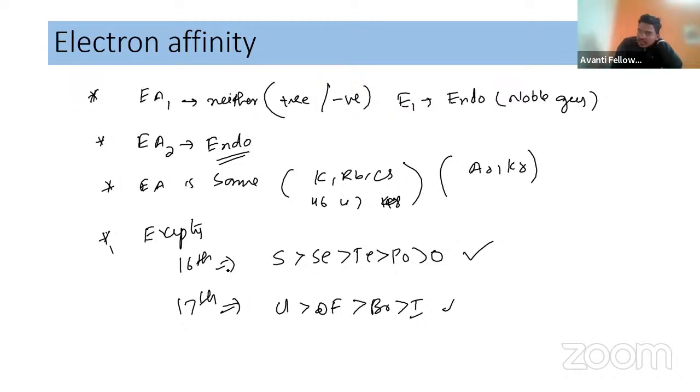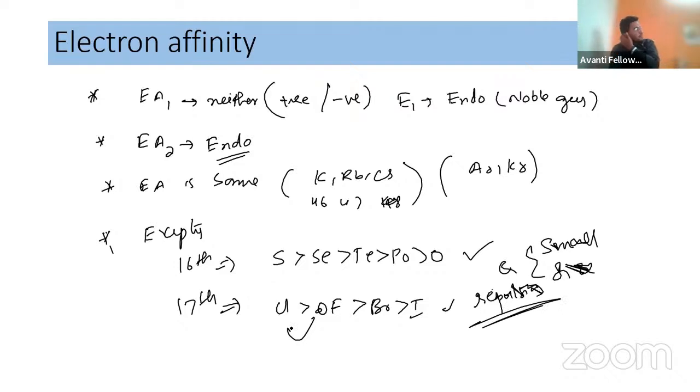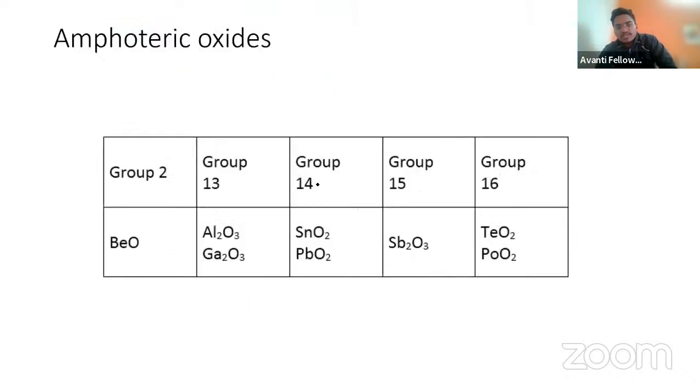Why is sulfur higher compared to oxygen, and why fluorine and chlorine? Because of small size and greater repulsions. I hope you guys understand the meaning of this. So these are the exceptions in electron affinity which you can easily remember.